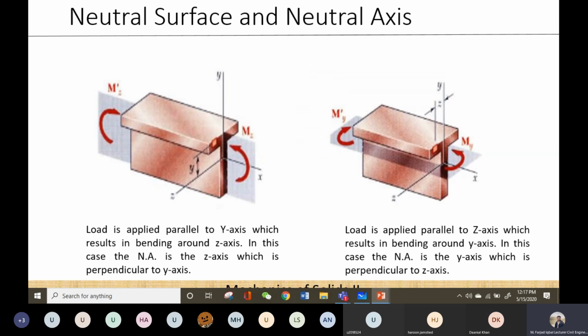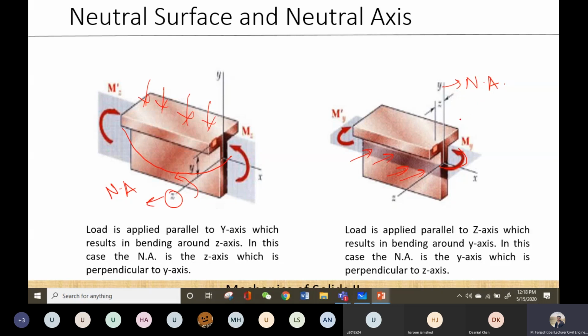If I apply the load from this direction on this beam, the bending is taking place around this y-axis, so now my neutral axis is this one. In this example, if the load is acting from this direction, the bending is taking place around this z-axis, and my z-axis is the neutral axis. And in this one, my y-axis is the neutral axis.